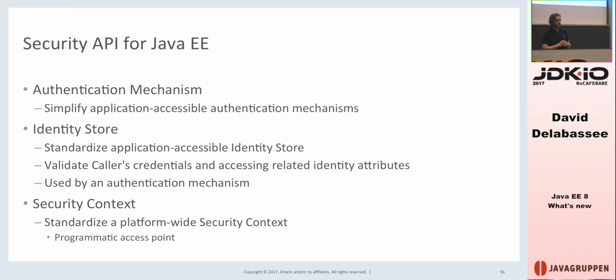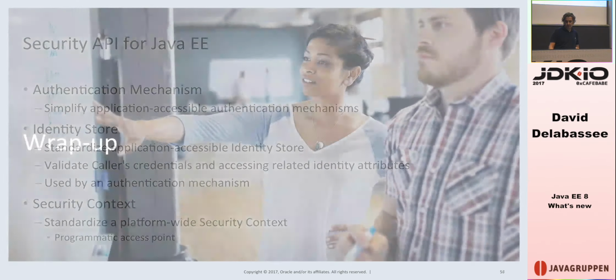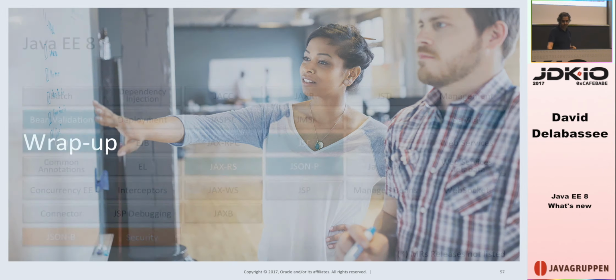Now we have this identity store abstraction that gives you a standard concept that is portable across different application servers. We have a new authentication mechanism that is based on JAX-RS, and that is way simpler to use than having to deal with the JASPIC API. So this is what that expert group is working on, trying to simplify how we can easily apply security concerns in a Java EE application. So, wrap up.